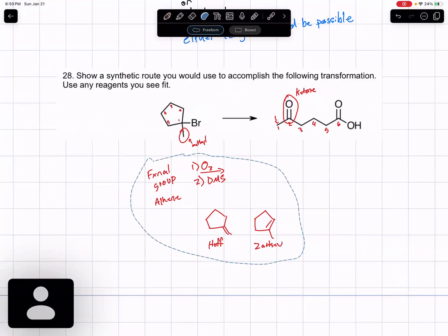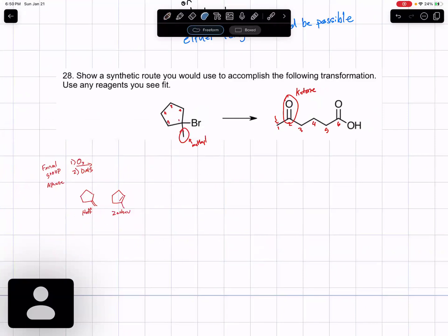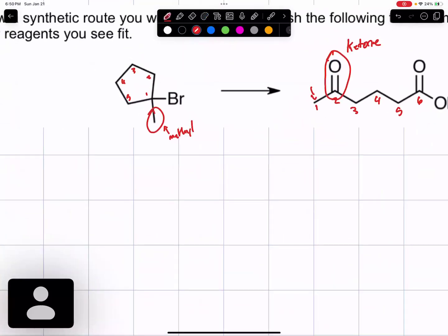All right, whoever just answered, give me the reagents you would use to make this reactant molecule into a Zaitsev alkene. Are we using small base or are we using bulky base?